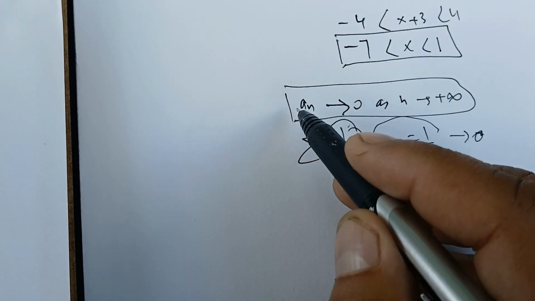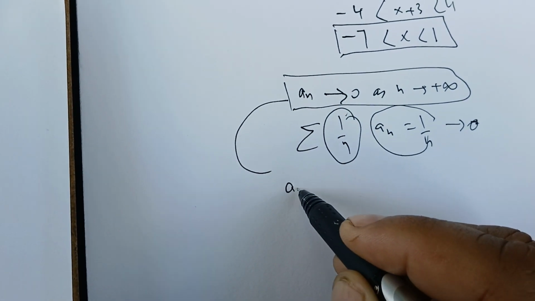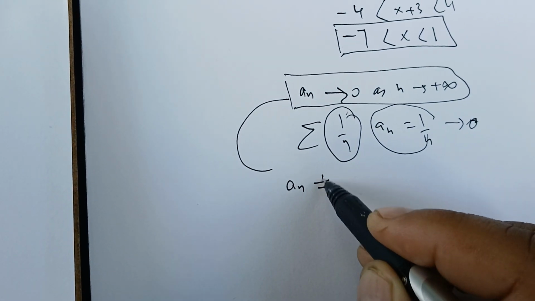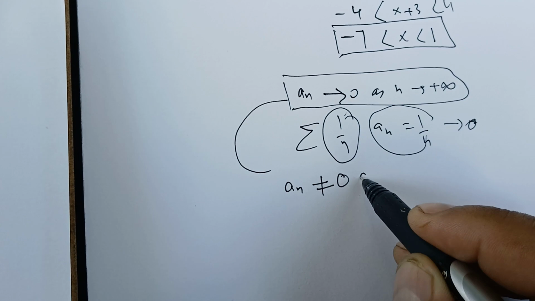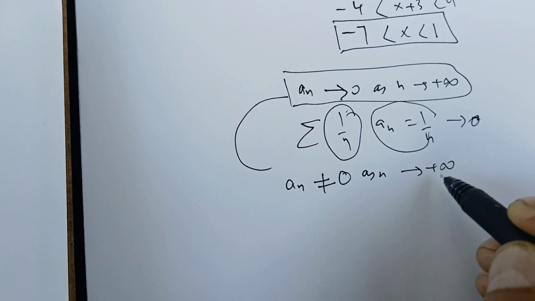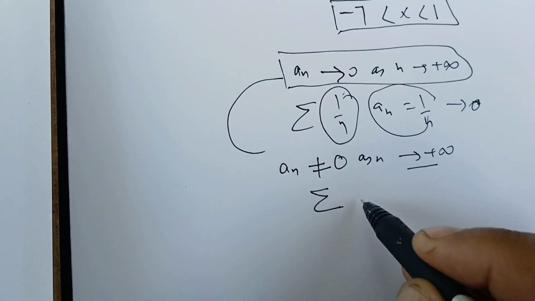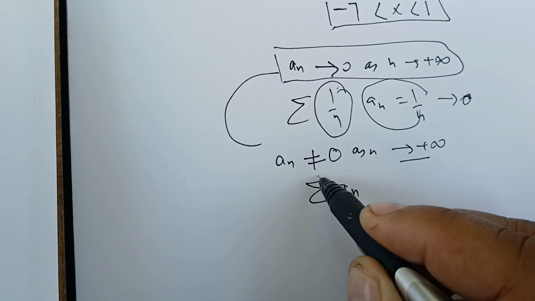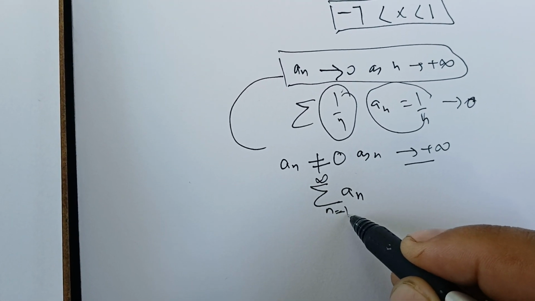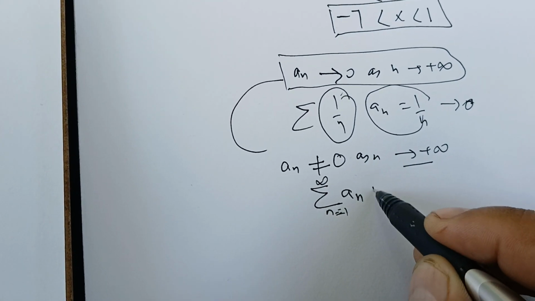A good thing we can deduce from here is that if the general term doesn't go to 0 as n goes to infinity, then our series is divergent.